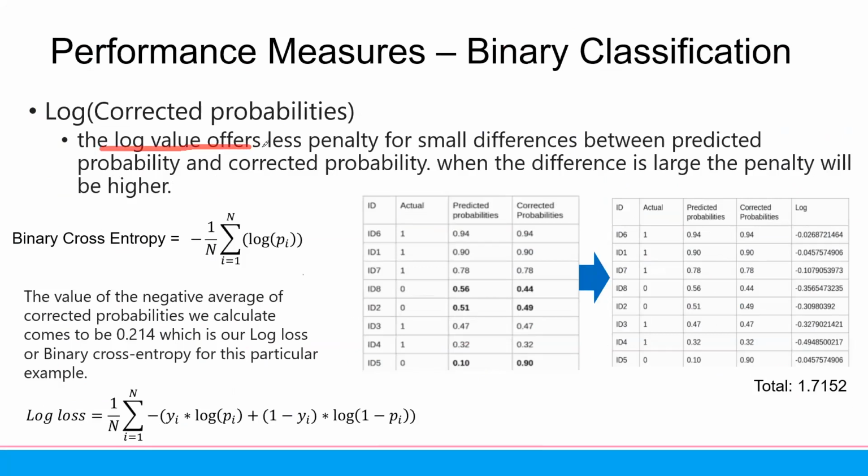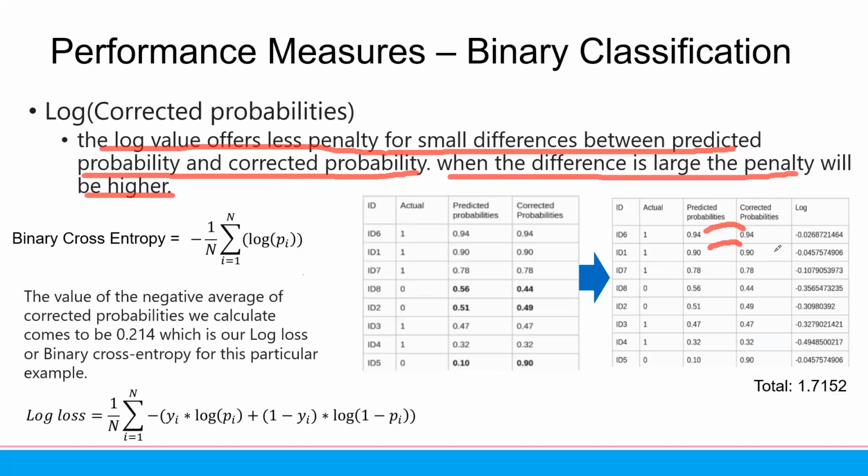The log value offers less penalty for small differences between the predicted probability and the corrected probabilities. It will check the difference between them. When the difference is large, the penalty will be higher.